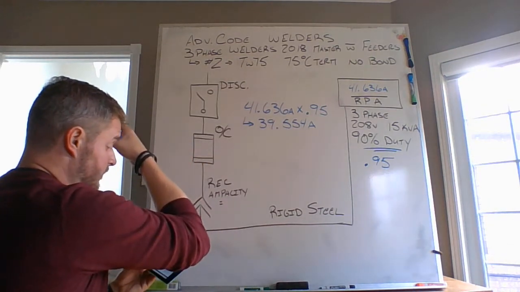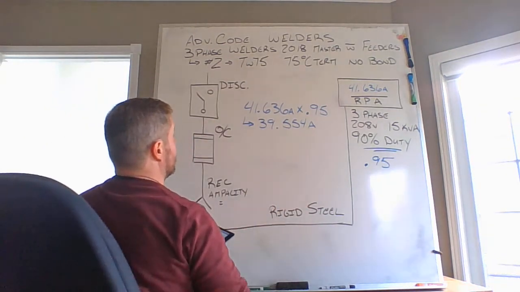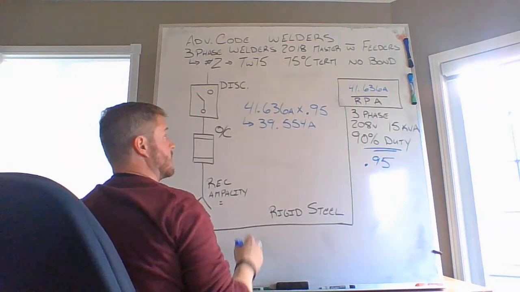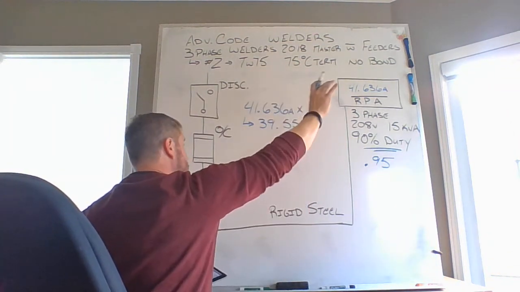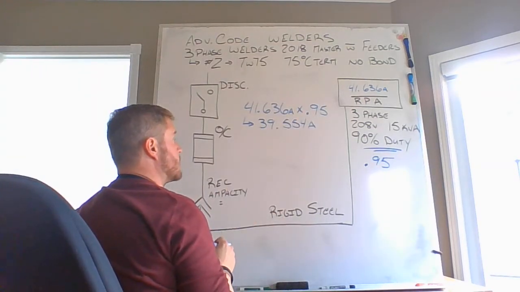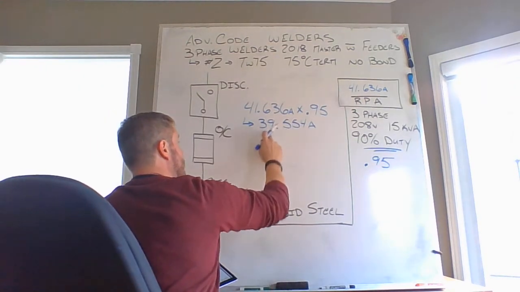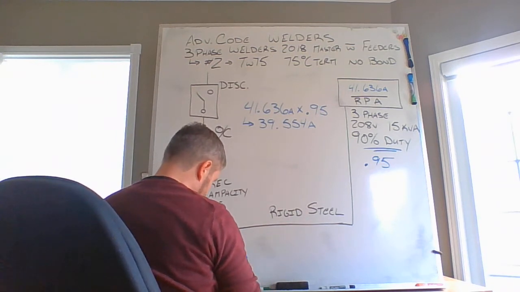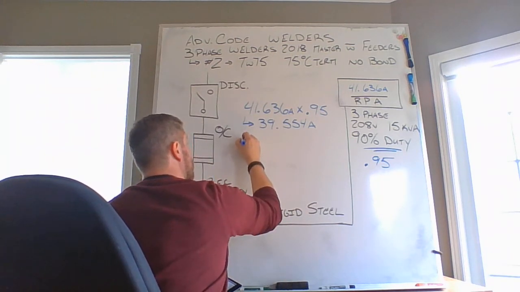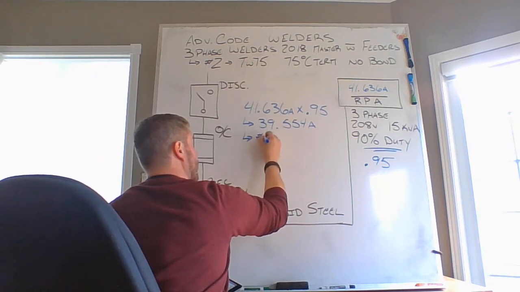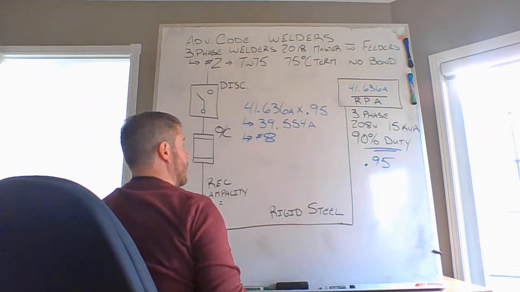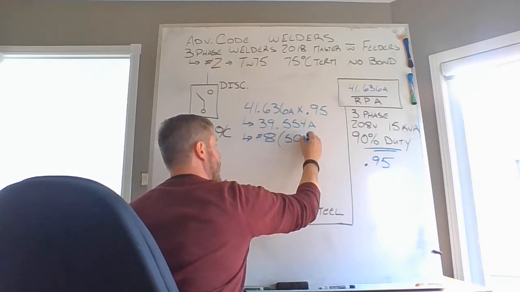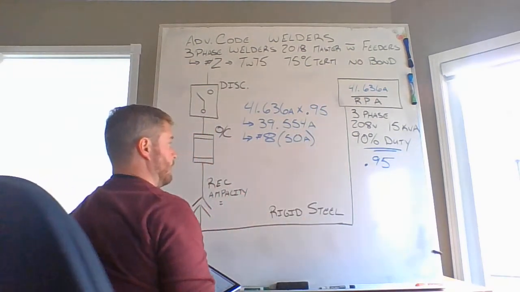Three-phase calculation, take that number for 75 degrees Celsius conductors, 75 degrees Celsius termination ratings. Not concerned about a bonding conductor in these specific calculations. Take that 39.554 to table 2, and I believe you are installing a number 8 conductor at that point in time, capable of handling a maximum of 50 amps.